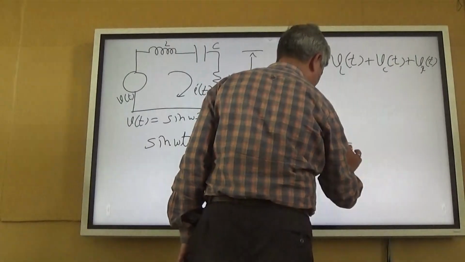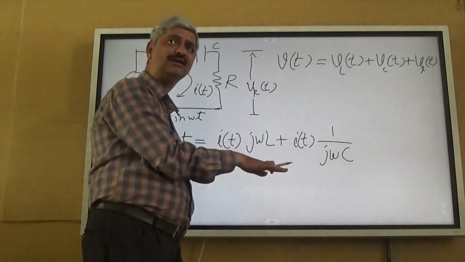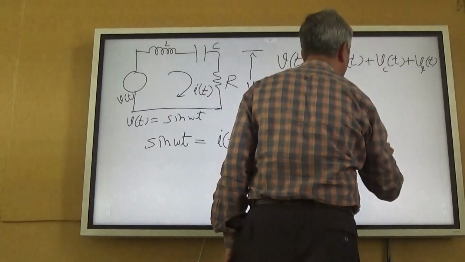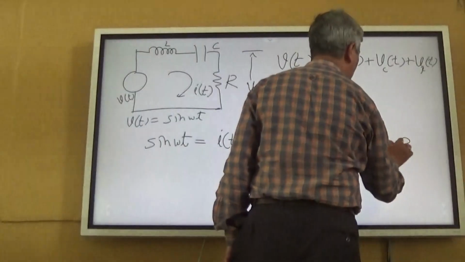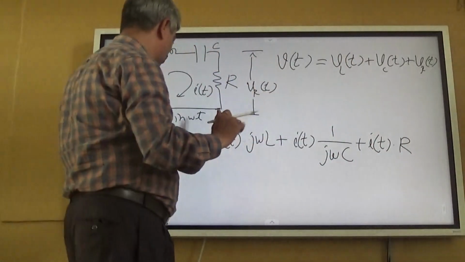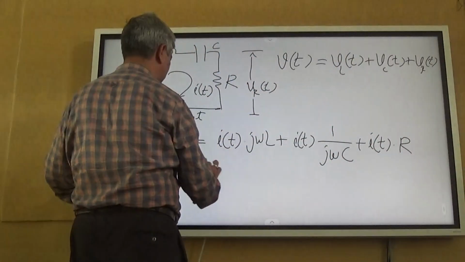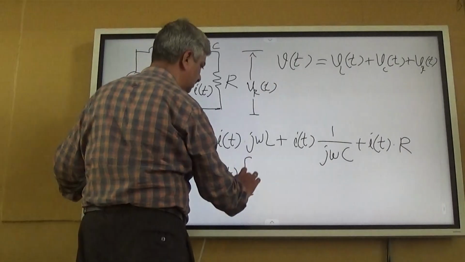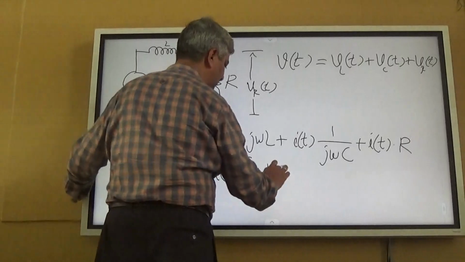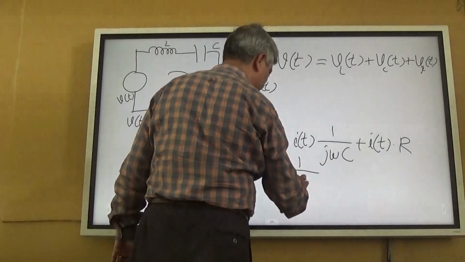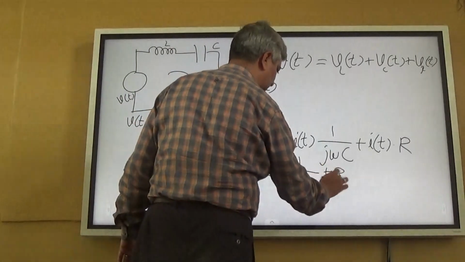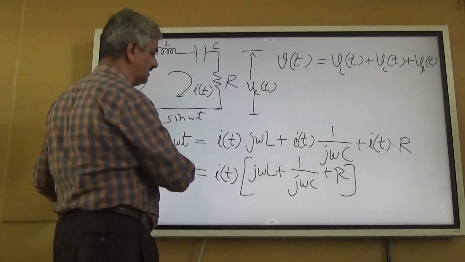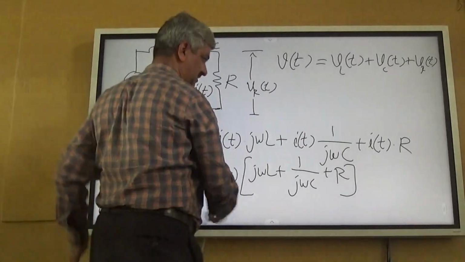So either 1 upon j omega C or minus j upon omega C, and plus IT into R. So IT gets common. IT into bracket j omega L plus 1 upon j omega C plus R. This is VT equal to. So what is IT? This term goes on the other side.